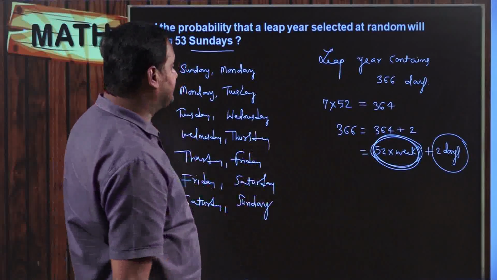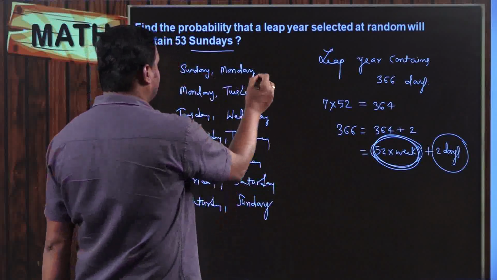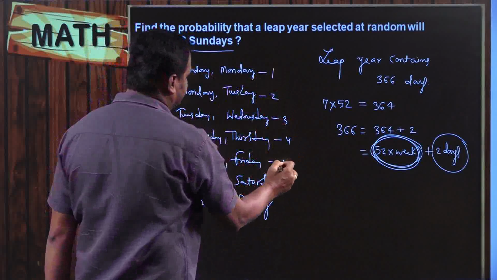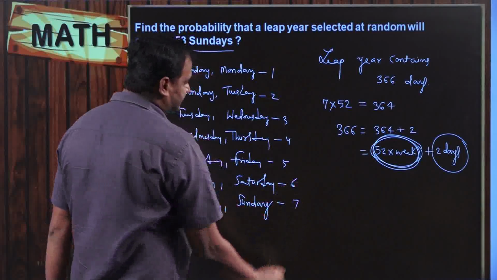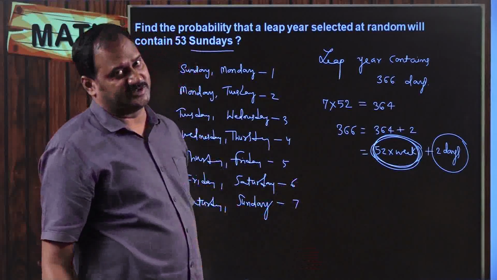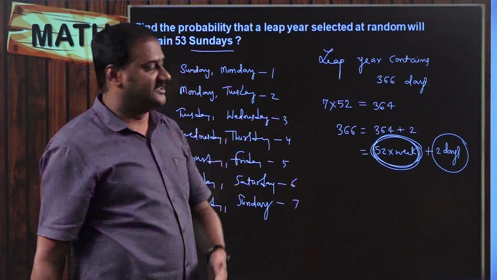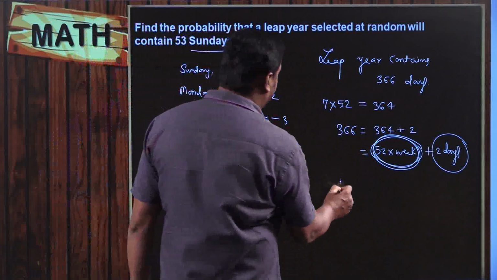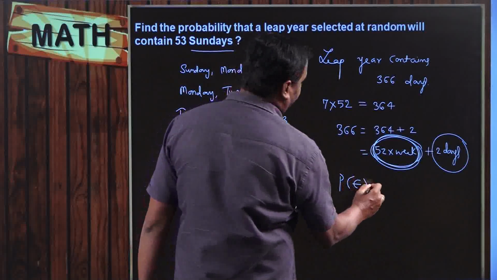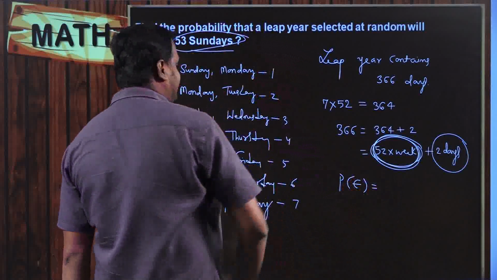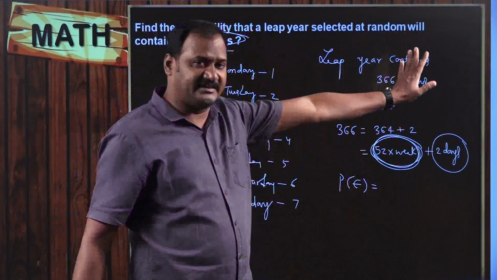How many possibilities are there? This is the first possibility, second, third, 4, 5, 6, 7. So there are only 7 possibilities, out of the 2 days remaining. So what is the event here? That event is getting 53 Sundays. Already 52 Sundays are there.